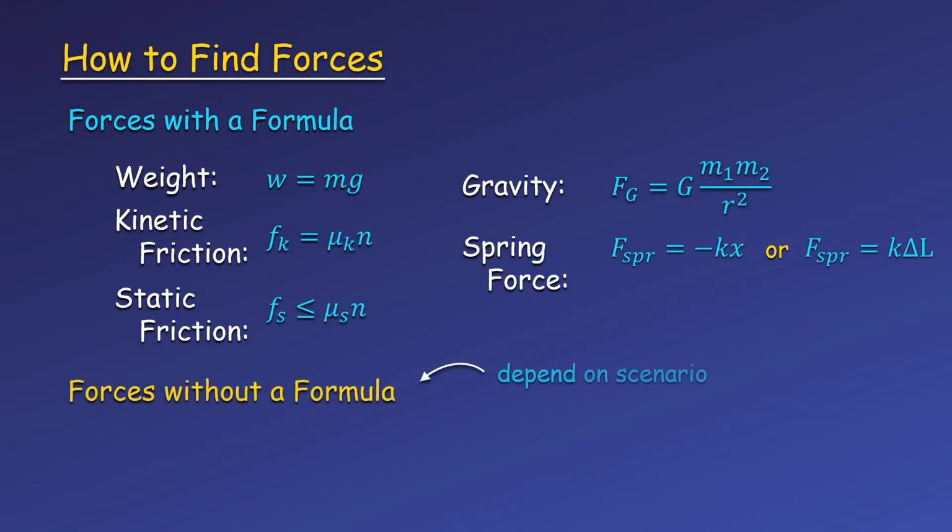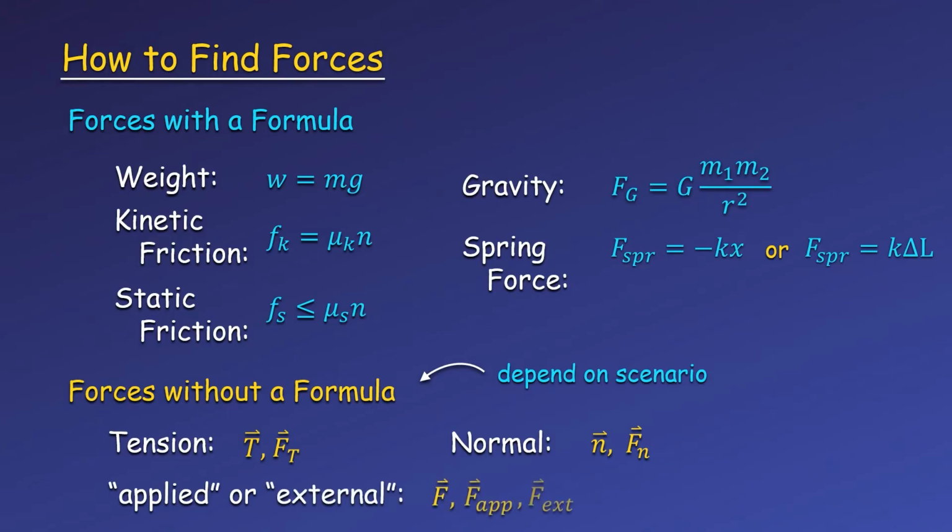Forces without a formula are tension and the normal force. Both of these depend on the scenario since they are usually reactions to other forces. For example, a rope won't have tension unless you pull on it, and a surface won't push on an object unless that object is pushing against the surface. We will also sometimes be given that there is some external or some applied force without being told the nature of what kind of force it is.